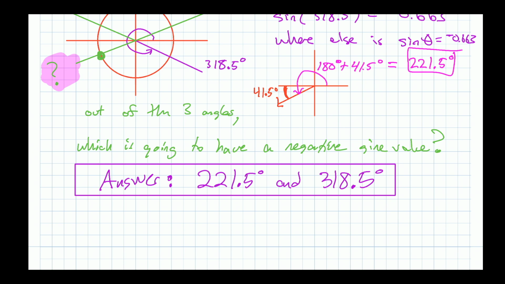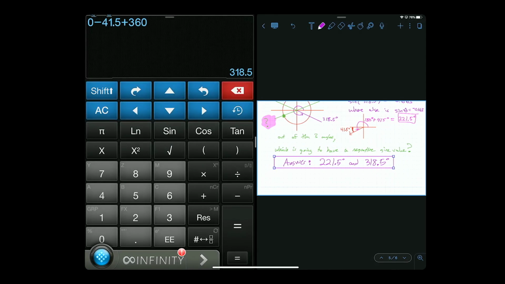And then just to hopefully figure it out, let's see here. Just to demonstrate, if I clear this all off, if I do sine of 221.5, I get negative 0.662.